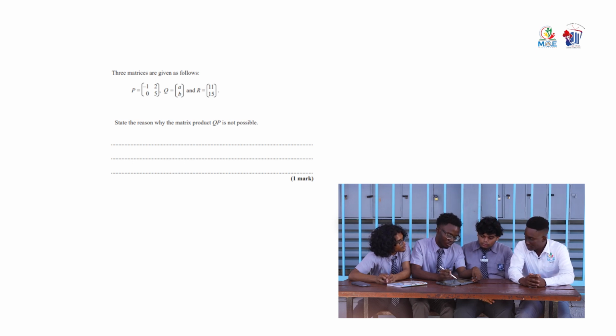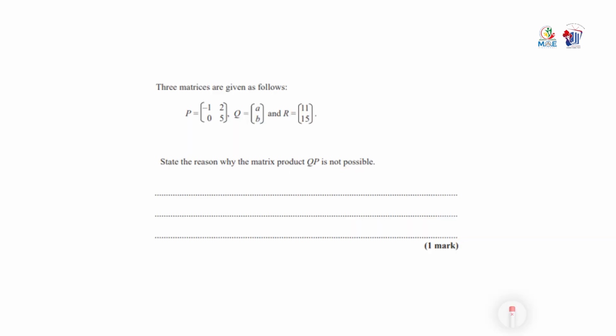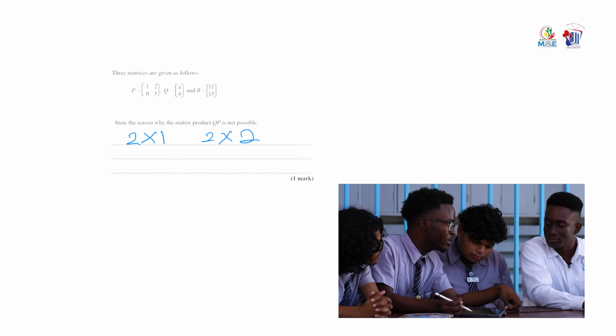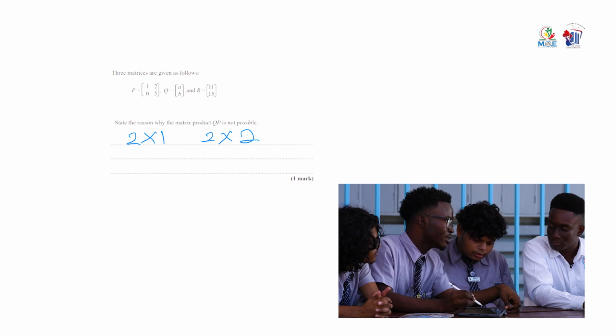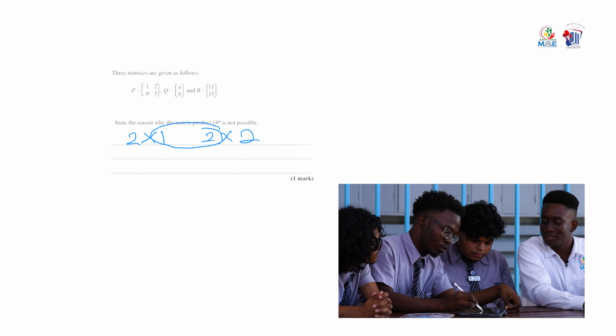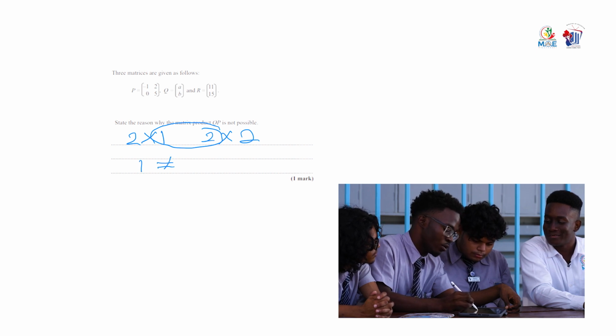All right. Okay, good. So now to know if they're compatible, we write them down. We write the first one, 2 by 1, and the second matrix, a 2 by 2. Now the compatibility test states that the column of the first matrix has to match the row of the second matrix. Good. We look at it and we know 1 isn't equal to 2.